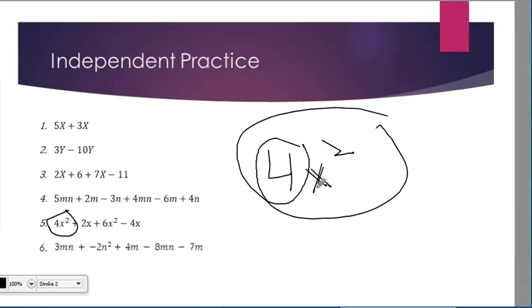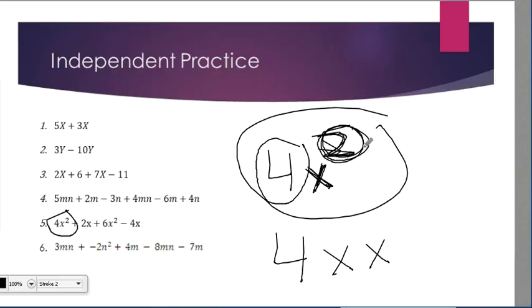We have a variable of x, and in this case, x is being raised to the second power. So what that means is we really have 4 times x times x. Remember, the power tells us how many times we multiply the base by itself.